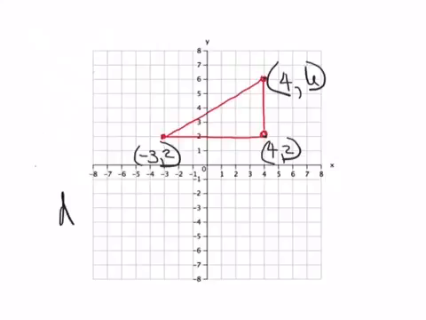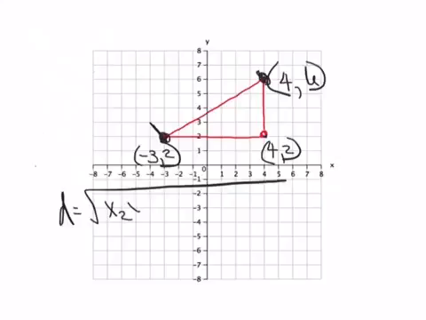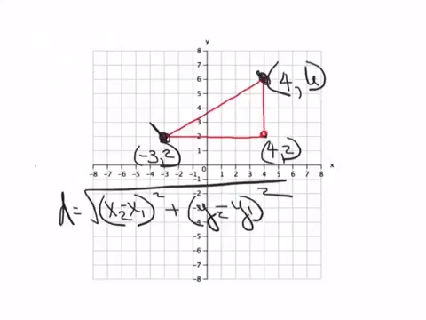The distance from here to here, so if I want the distance between that point and that point, is equal to the square root of one of the x's minus the other one squared plus one of the y's minus the other one squared.